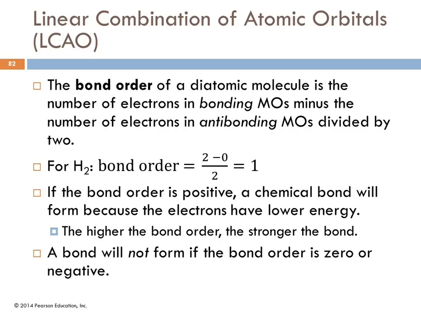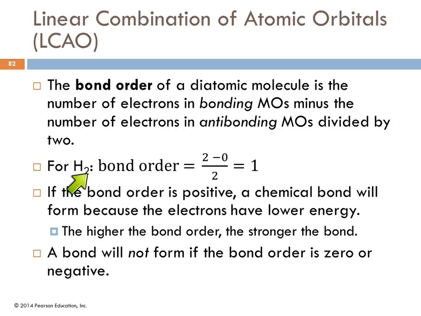So we have something we call bond order, which helps us to predict whether this molecule or this bond is going to be stable or not. The bond order is the number of electrons in bonding molecular orbitals minus the number of electrons in antibonding molecular orbitals, and then divided by 2.